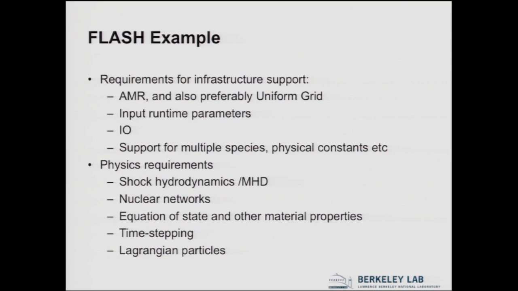Of course, time stepping methods for time integration, and then we also needed support for computing the Lagrangian characteristics associated with calculations that come in many flavors, so we needed Lagrangian particles as well.